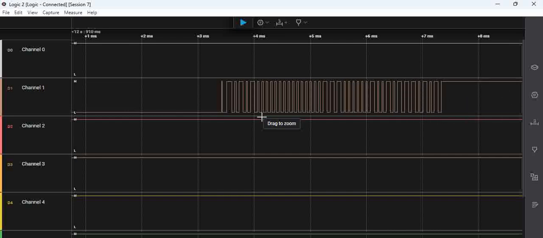Okay, so this 40-bit data in this entire timeline has the temperature and the relative humidity data, which is actually decimal data.